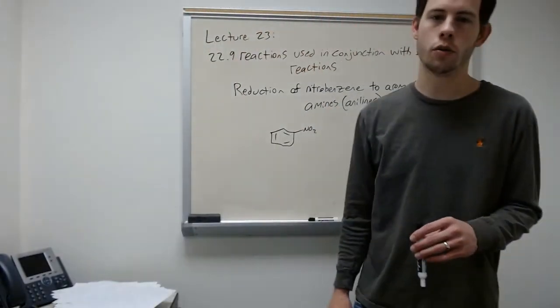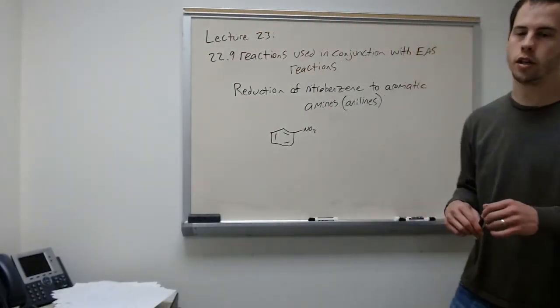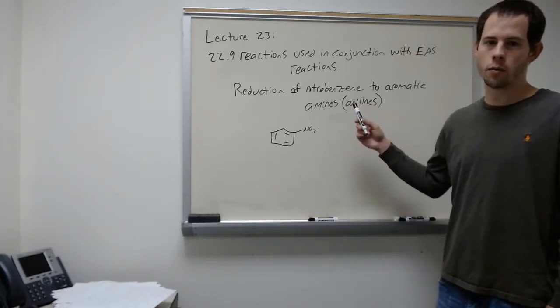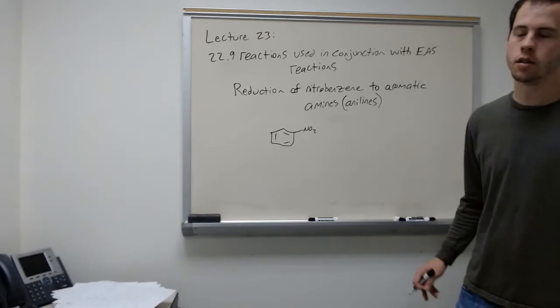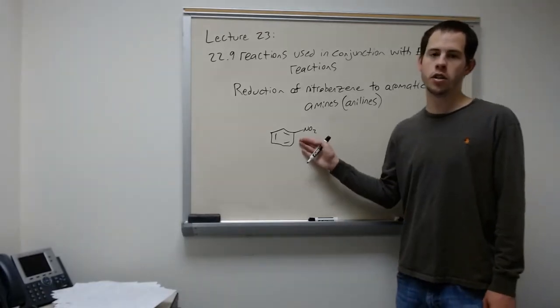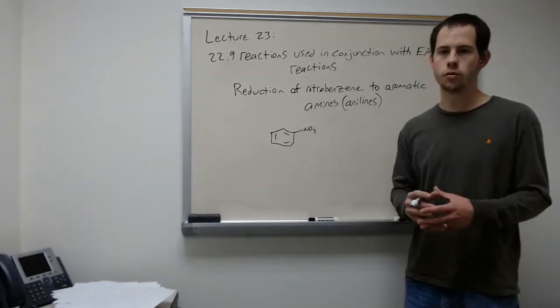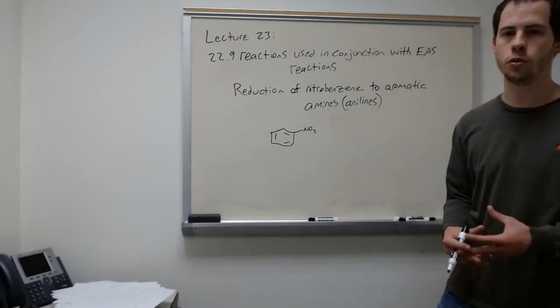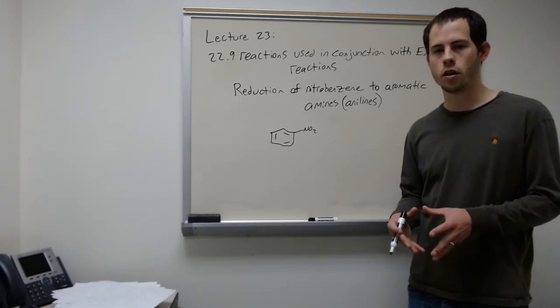Alright, the next reaction we're going to talk about is reducing nitrobenzenes to aromatic amines, and aromatic amines are called anilines. So we learned how to do the nitration of benzene earlier in the chapter, so we could do the nitration followed by a reduction to get to the NH2 or the amine, which we call an aniline.